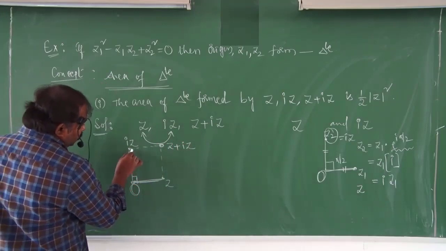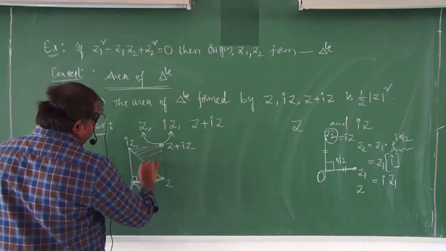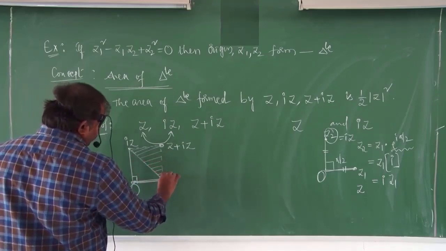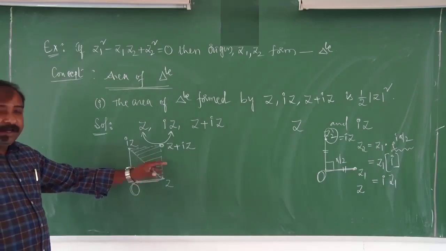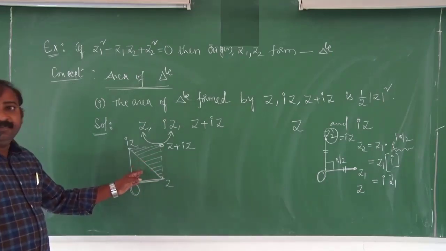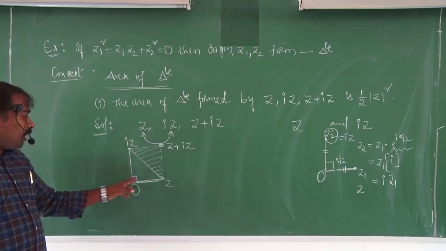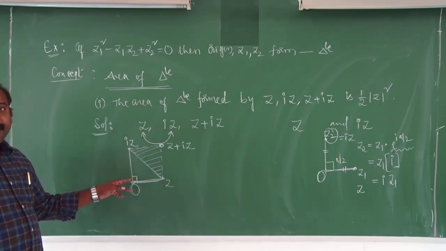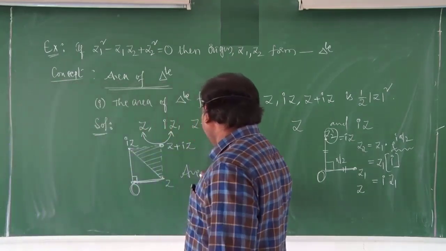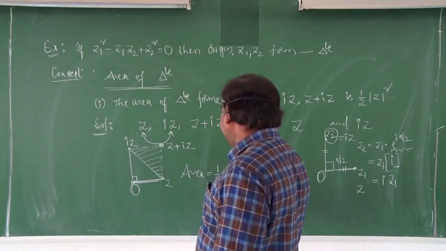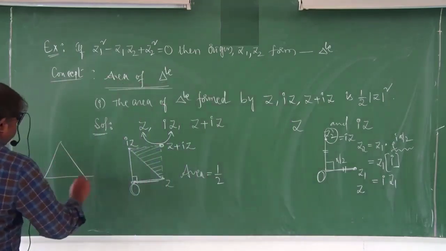They are asking what is the area of the triangle. Instead of calculating this area, it is better to calculate this area. How can you calculate it? This is a right angle triangle, since the angle between them is 90 degrees. So area equals half AB sin theta, one formula from properties of triangles.